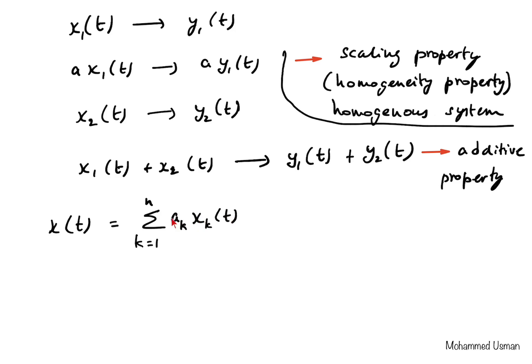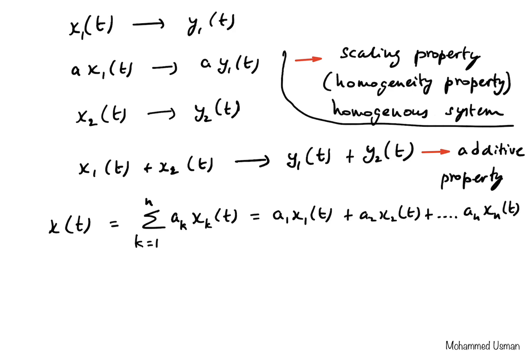So this is a1 x1 of t plus a2 x2 of t plus a3 x3 of t up to an xn of t. If we have such a linear combination of inputs to give us a new input x of t, we can write this as a1 x1 of t plus a2 x2 of t and so on up to an xn of t.